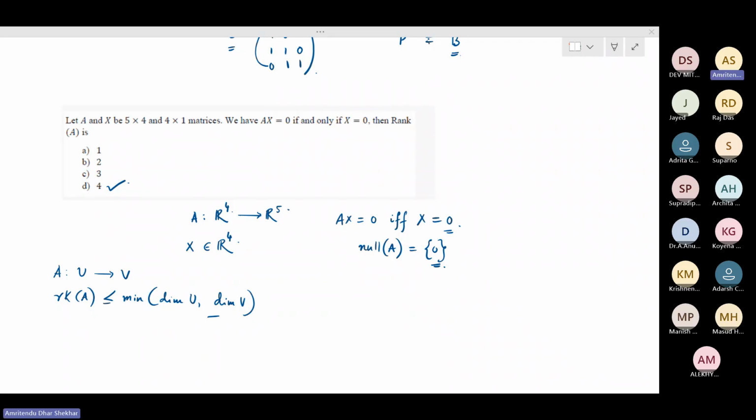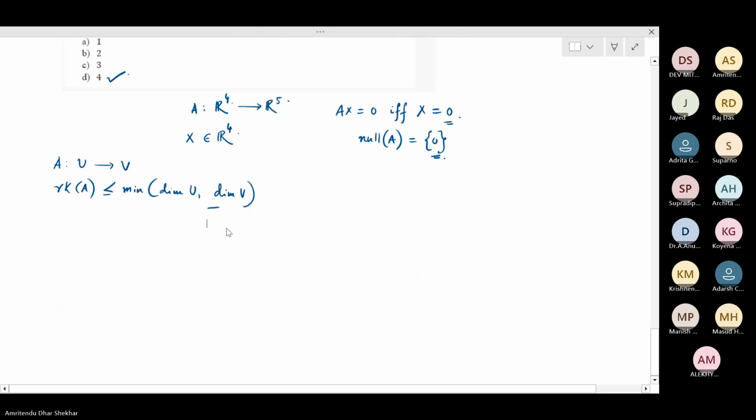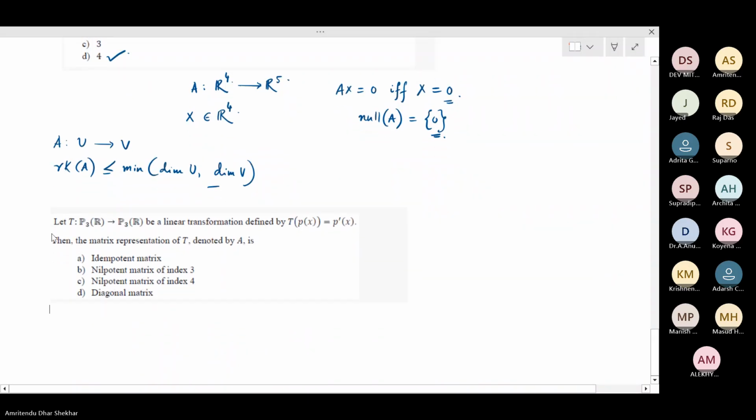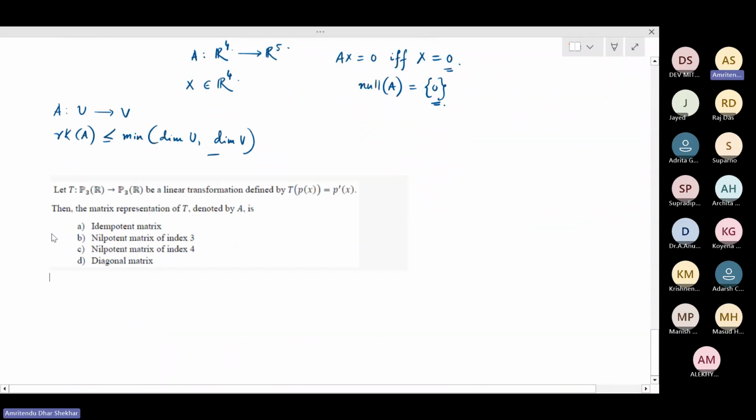Let's look at this problem. Here the linear map is just the derivative operation. The question is, the matrix representation of T denoted by A is an idempotent matrix.